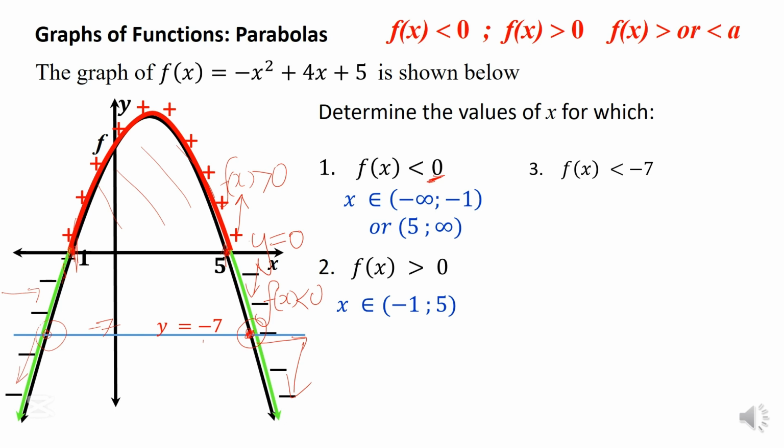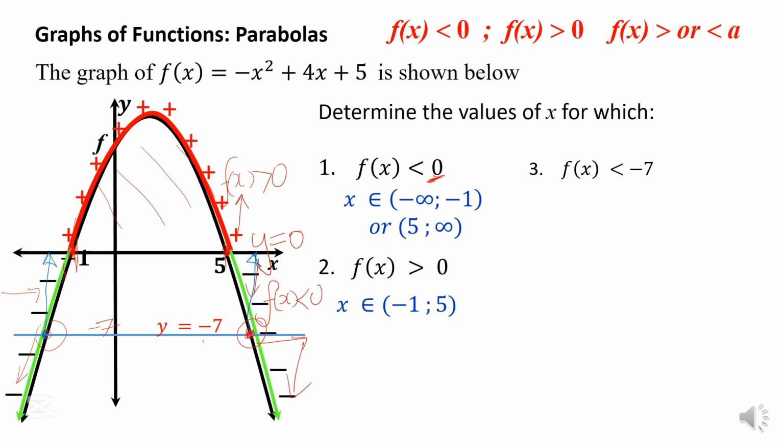So what we need now is to find out at this point where f of x is equal to -7, what is the corresponding value of x up here? Then at this point, what is the corresponding value of x up here?